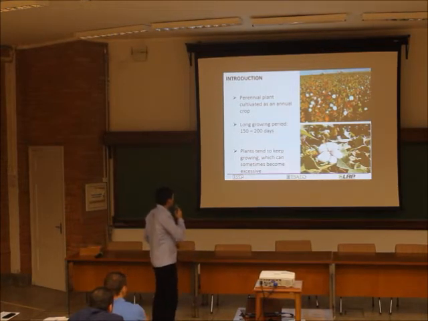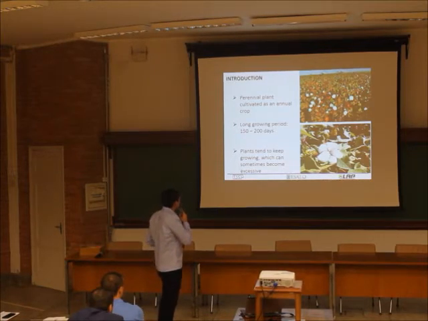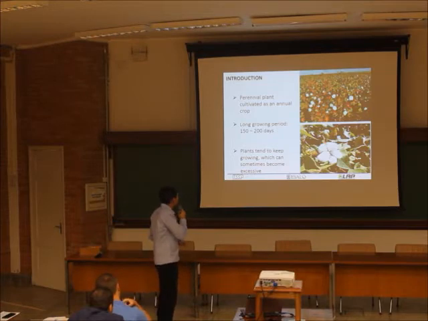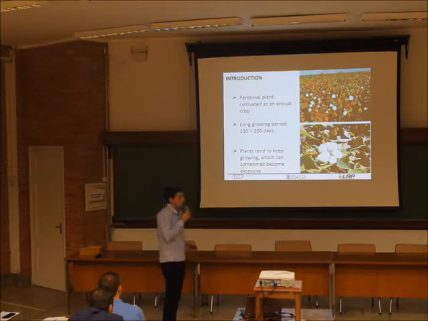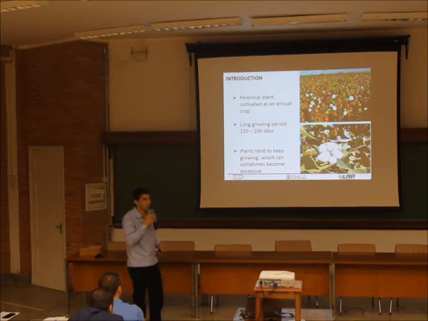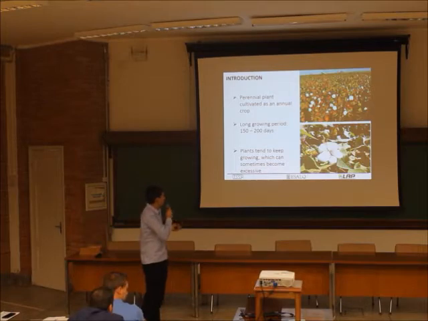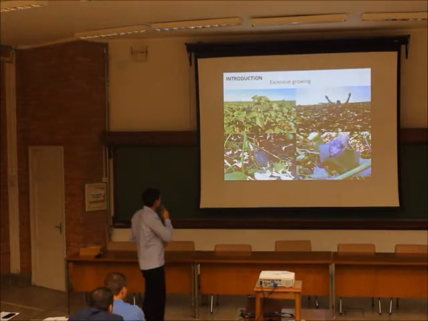It has a long growing period, from 150 to 200 days, and the plants tend to keep growing, which can sometimes become excessive, so it's a problem. If you have too much vegetative growth, you don't get much yield.